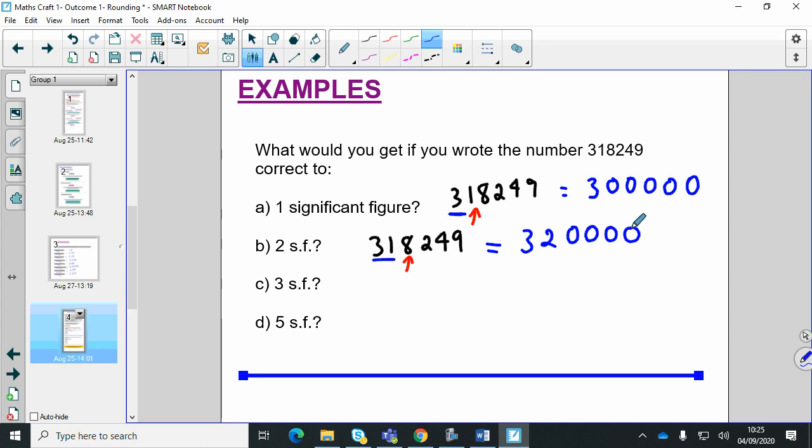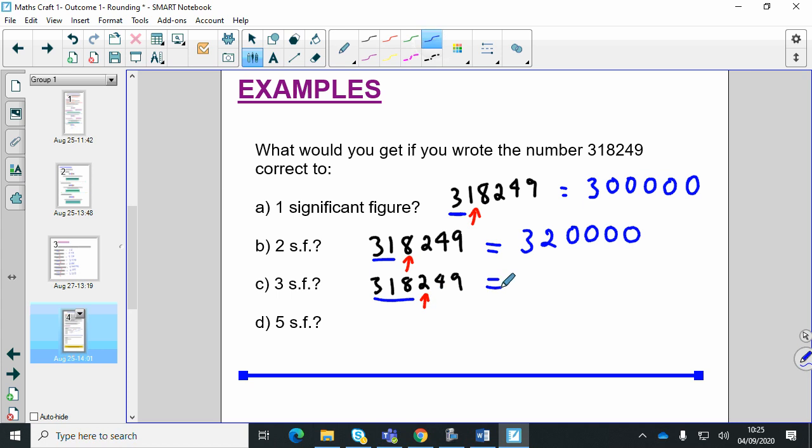So a better approximation of that city would be 320,000. That's a lot closer than the first example. Okay, so to 3 significant figures. I'm going to underline my first 3, and then I'm going to check the fourth one to see which way we're rounding.